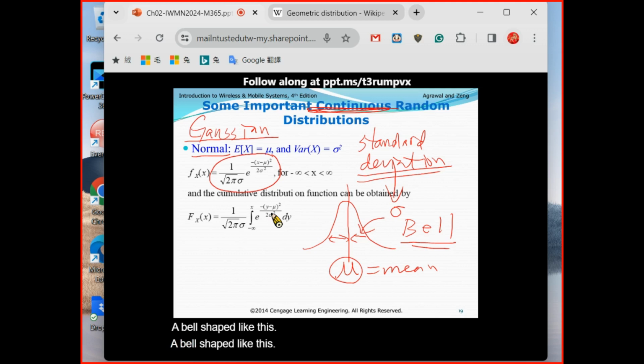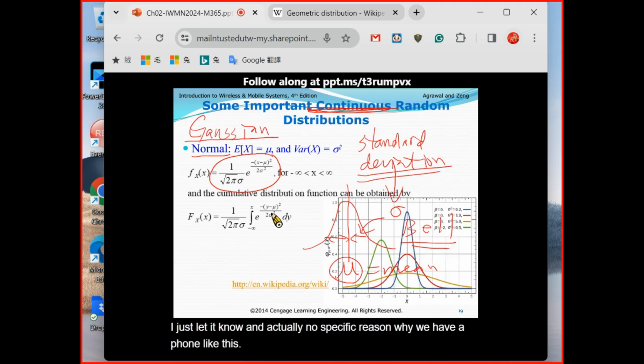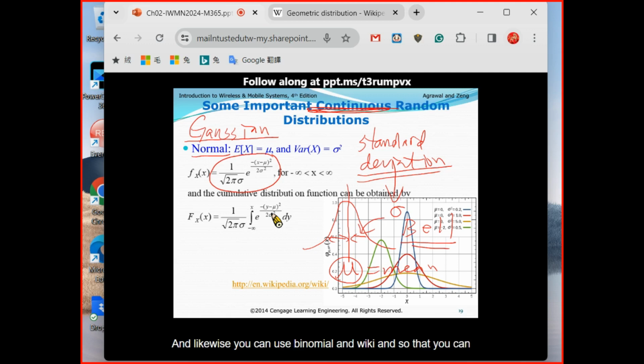Well, I just don't know, and actually there is no specific reason why we have a form like this. Likewise, you can use binomial and wiki so that you can find the shape for the current distribution.